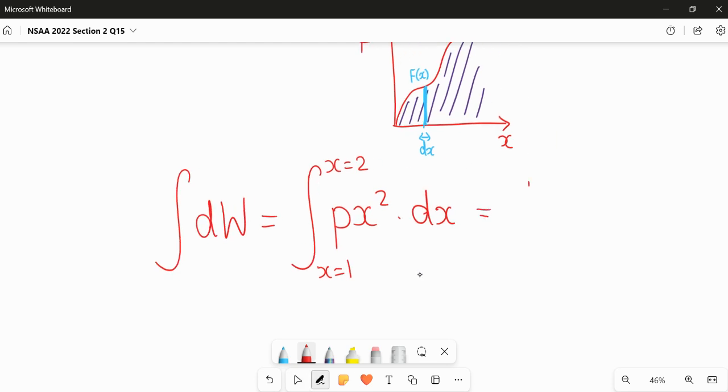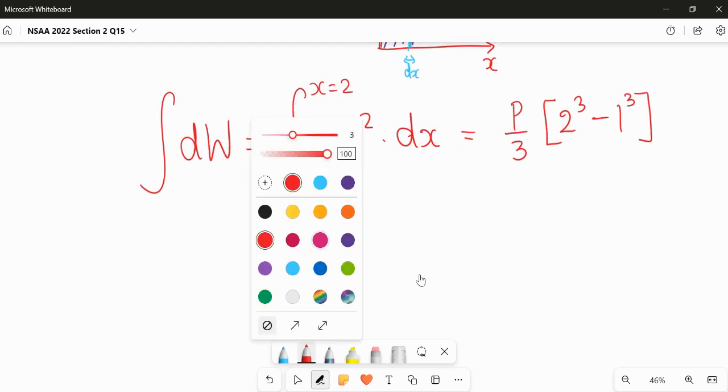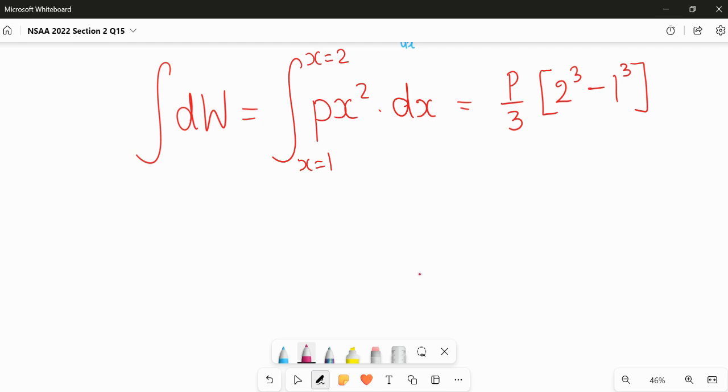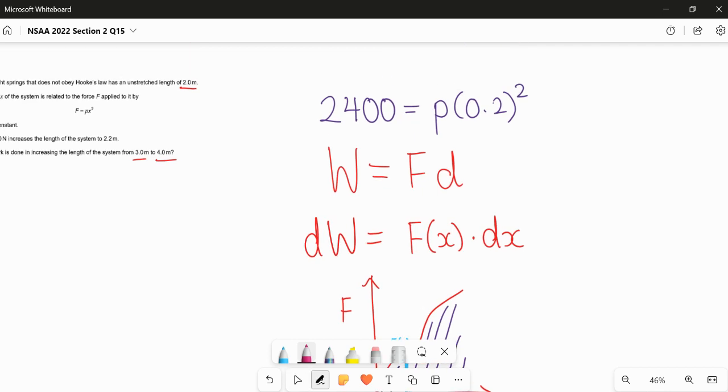Well, we'll get p over 3, and then we'll get x cubed, which we then substitute as 2 cubed minus 1 cubed. Now writing this, we can see that this is p over 3 times 7, and substituting our expression for p above, we knew 2,400 equals p times 0.2 squared.